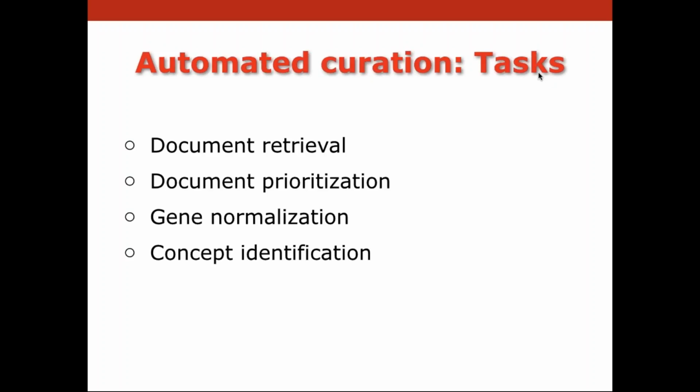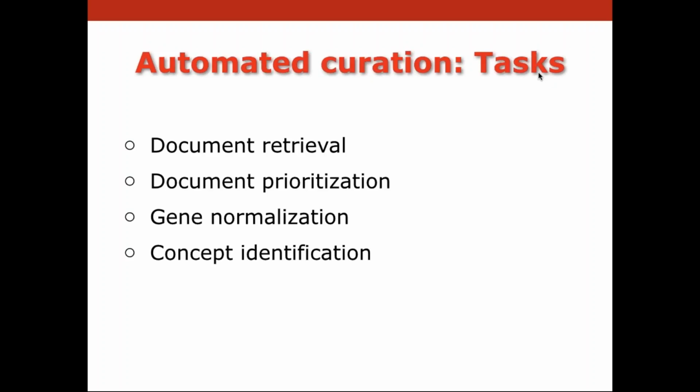The gene normalization task is to try to identify which gene the paper is talking about. This task, as far as I know, maybe there have been more recent developments, but as I explained earlier in my talk, even manually we have a lot of issues.